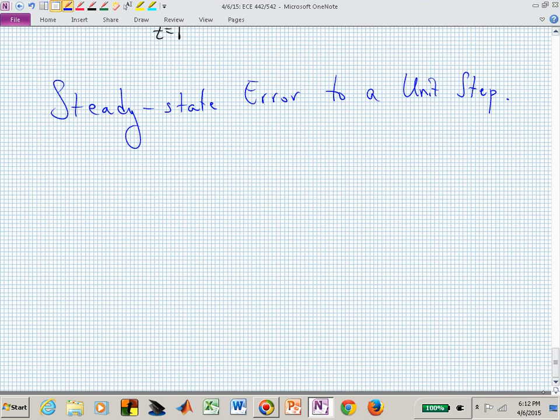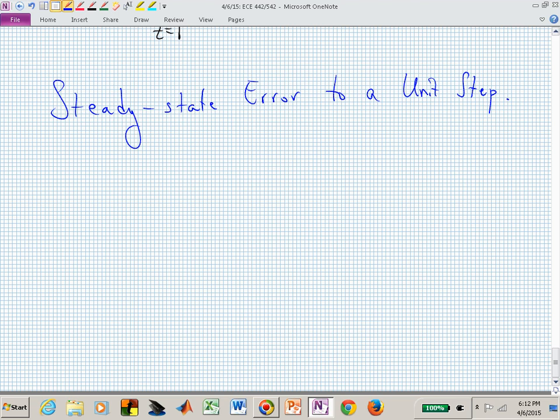Does that even make sense to you? Are you interested? What if you applied a constant of 1 to this system? What would happen? The output goes to 3. How does it go to 3?